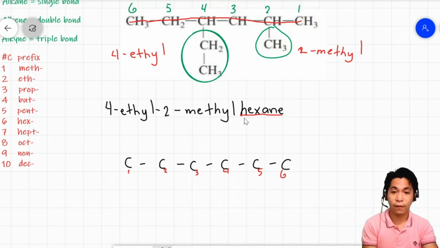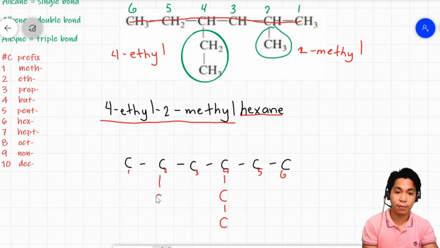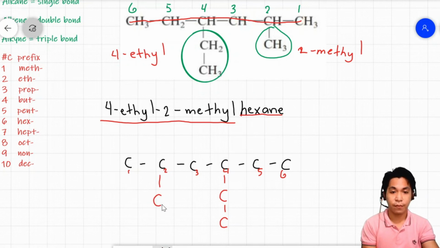Since you now have the parent chain, you can now proceed with the branches. So we start with the 4-ethyl. That means there should be an ethyl, a 2-carbon branch located at carbon number 4. So we have 1 carbon here and another carbon. And then you have a methyl in carbon number 2. You can either write upward or downward. So we'll just write it here because there is more space downward.